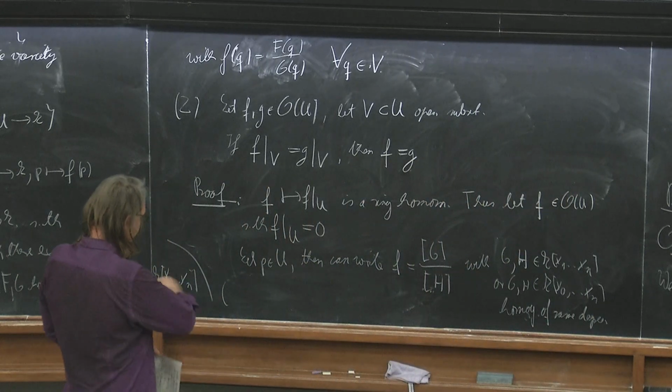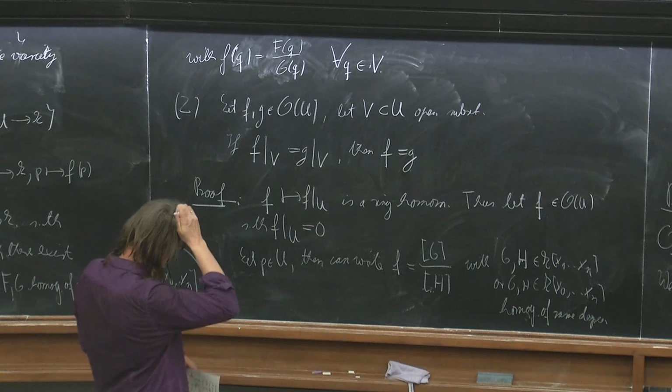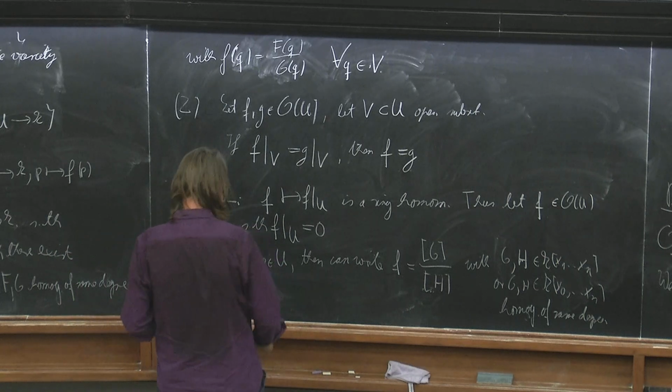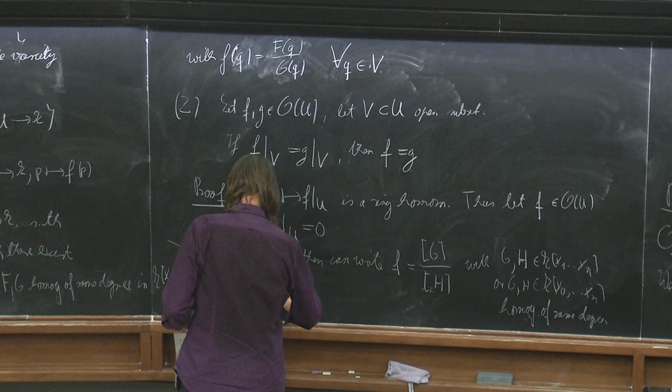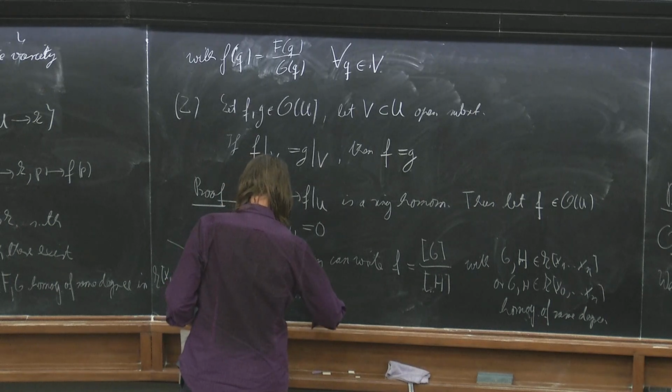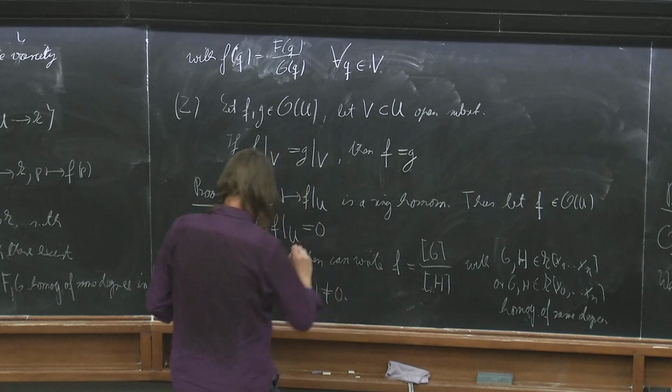And it's supposed to be defined on U, and so we can do it in such a way that h(p) is different from 0.